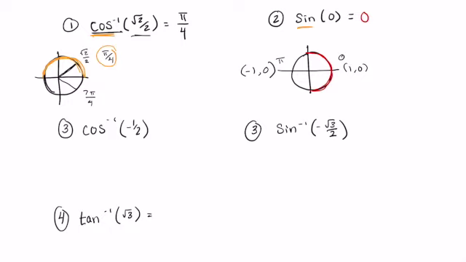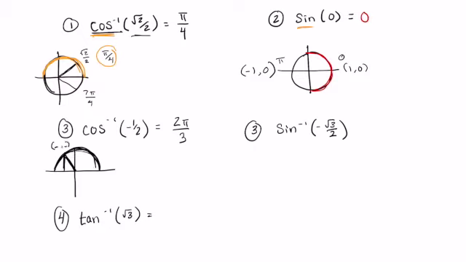Jumping straight through, the inverse cosine of negative 1/2. Again, when I'm looking in my section just up top for cosine, what gives me -1/2 for my x value? That's going to be right there at 2 pi over 3. Using my unit circle, I'm just looking for where I have an x value of -1/2 within that upper bounds.